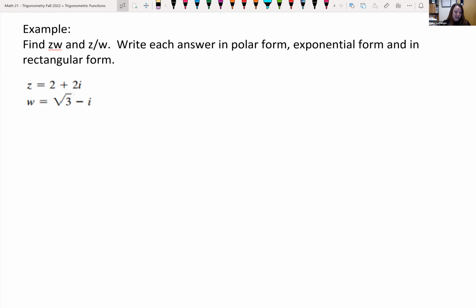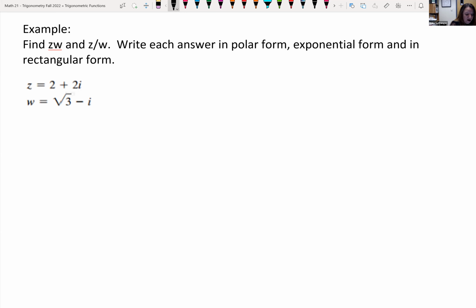It's going to be much easier if I first convert these into polar form or exponential form, and then work with the rules of multiplying and dividing our complex numbers. So let's convert this into polar form.